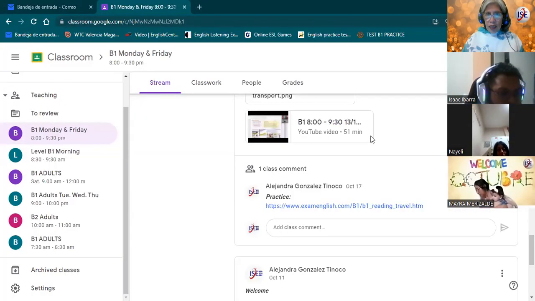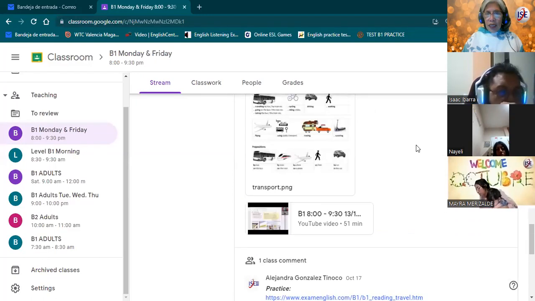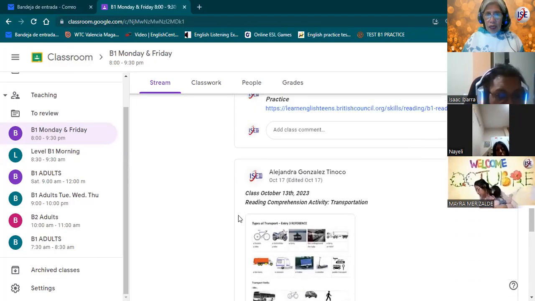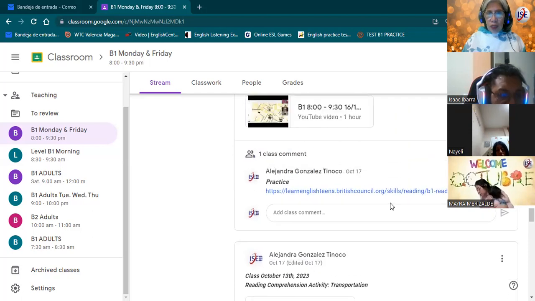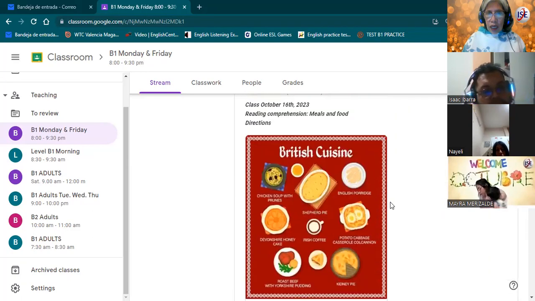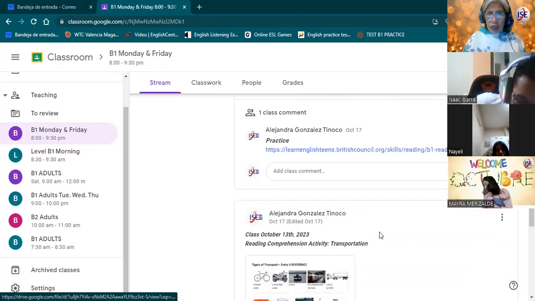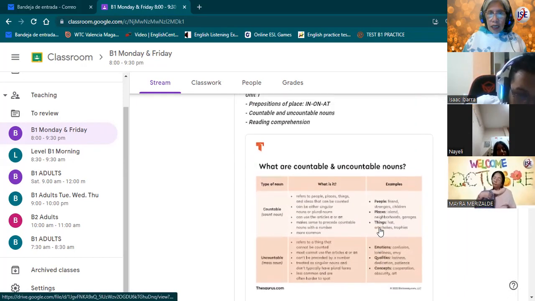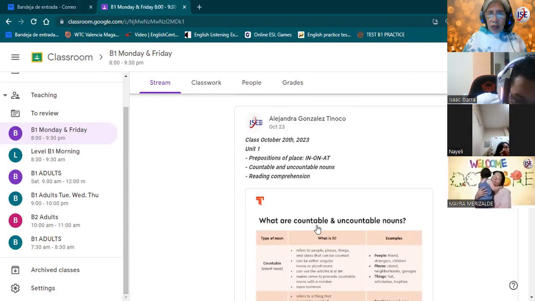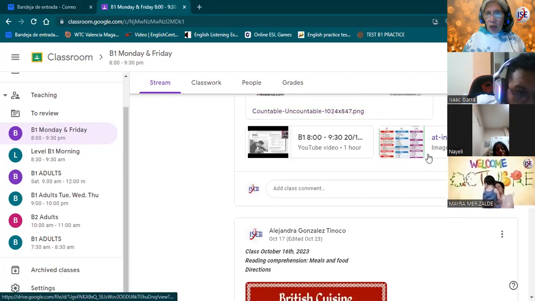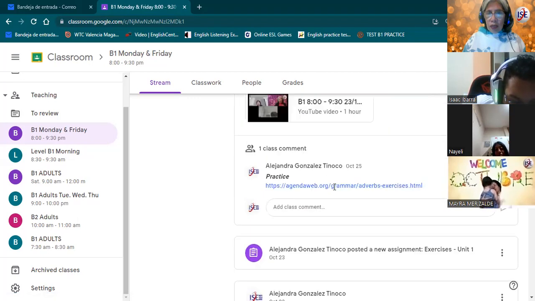Aquí está todo, ok. Está la primera clase con su respectiva práctica de lectura: reading comprehension on transportation, reading comprehensions on meals and foods, and directions, how to get to a place. Then we have countable and uncountable nouns, in, on, at, and a reading comprehension on countable and uncountable nouns.